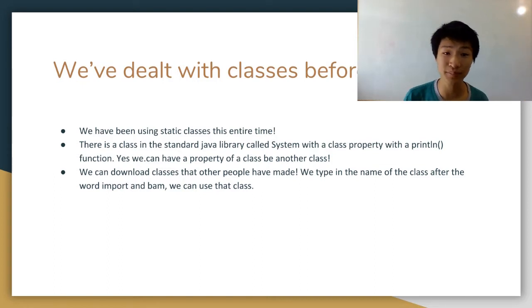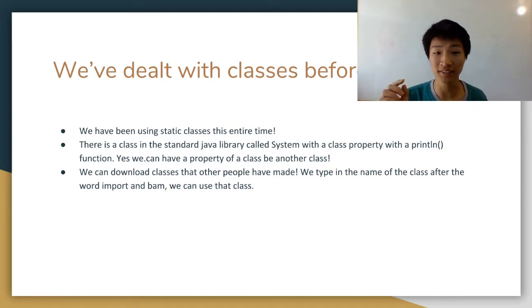Lucky for us, because we're using codiva.io, it already downloaded the standard Java library for us. It downloaded the Java Development Kit, not onto our computer, but online, so we can use it. So again, system.out.println, what does that mean?